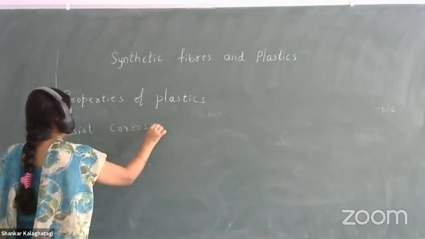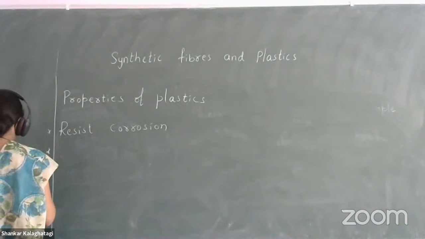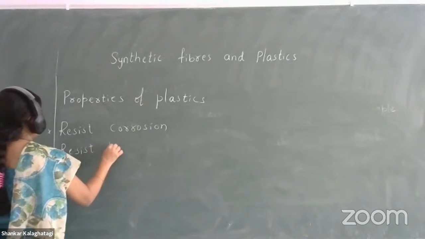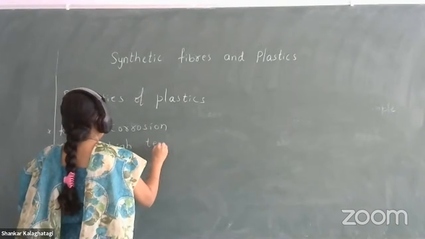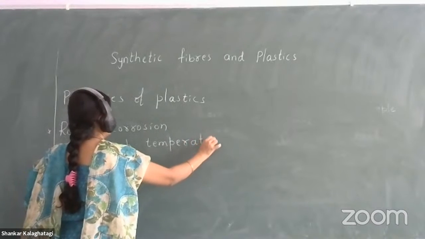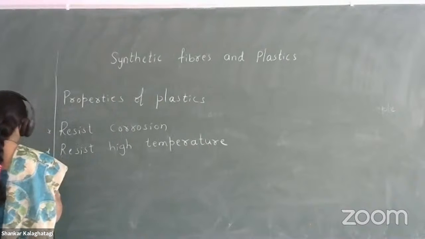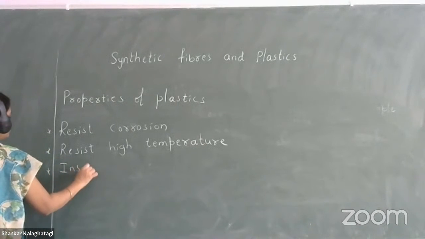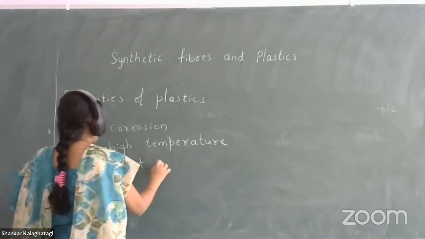So corrosion means what we say, rust. Resist high temperature. So in the field, people know some plastic is used in the field. So they resist high temperature. These things we can use to insulate heat and electricity.